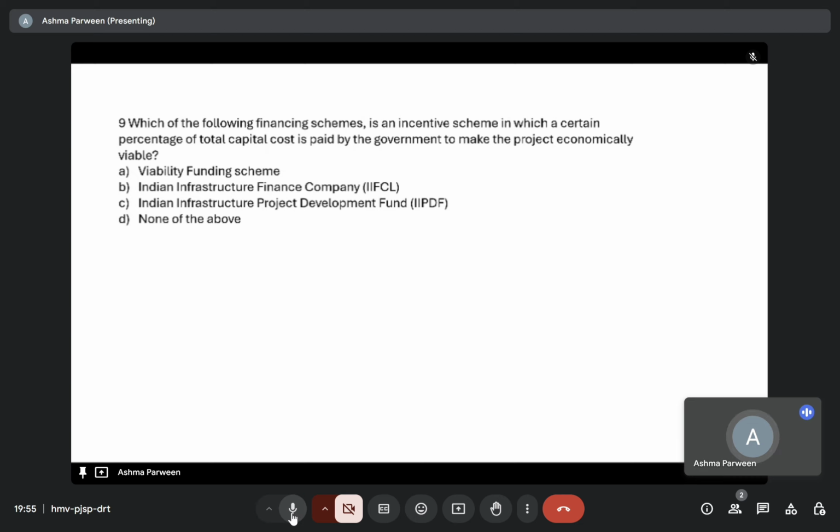So, viability funding scheme is a scheme in which a certain percent of the total capital cost is paid by the government to make the project economically viable. So, A is the correct answer.